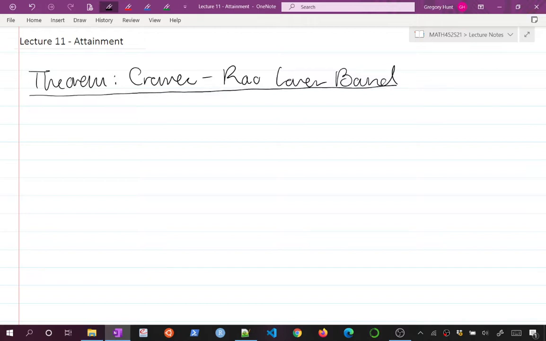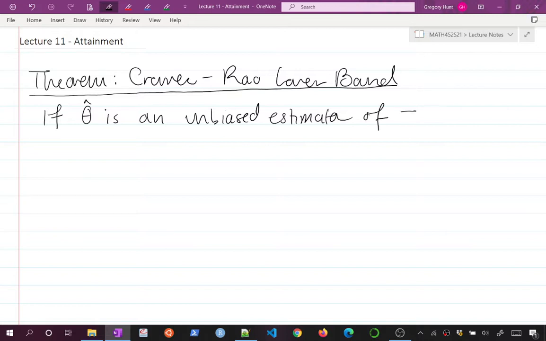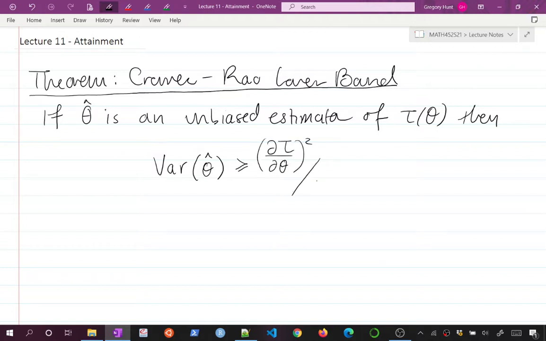And the theorem can be pretty succinctly summarized, which is that if theta hat is an unbiased estimator of some function of our unknown parameter, tau of theta, then the variance of our estimate of tau of theta, the variance of theta hat, can never be smaller than d tau d theta quantity squared divided by the information contained in our sample about theta.